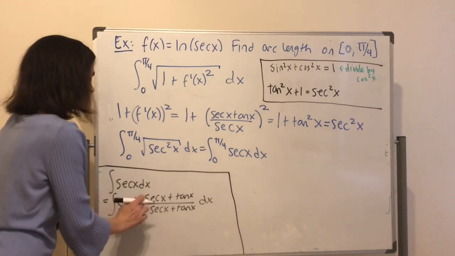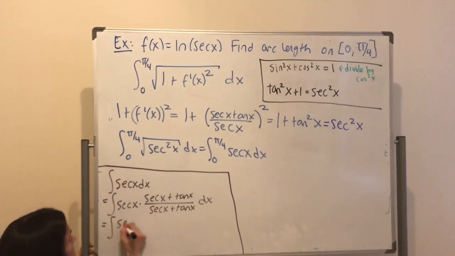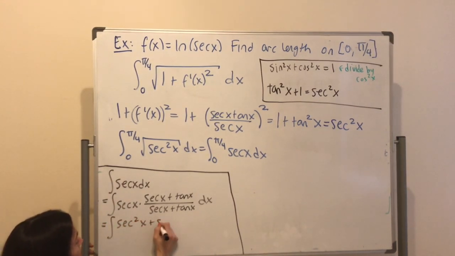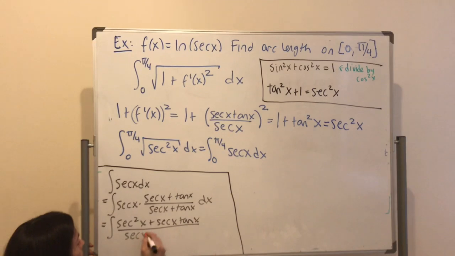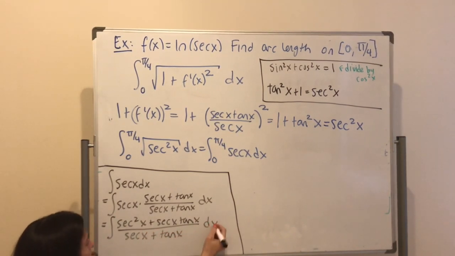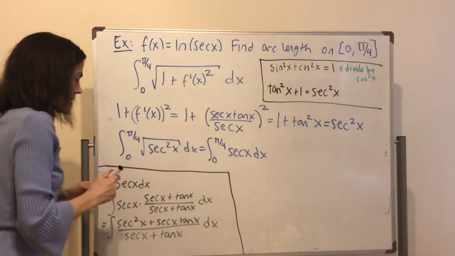This is still this. But now I multiply through, and this is the integral of secant squared plus secant tangent, and in the denominator I have secant plus tangent.